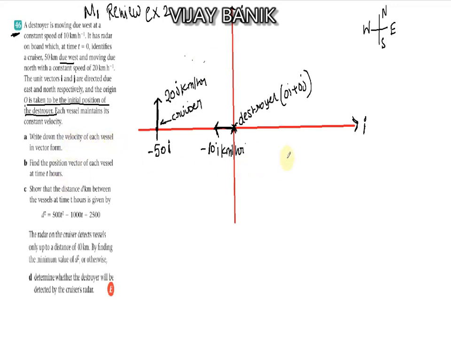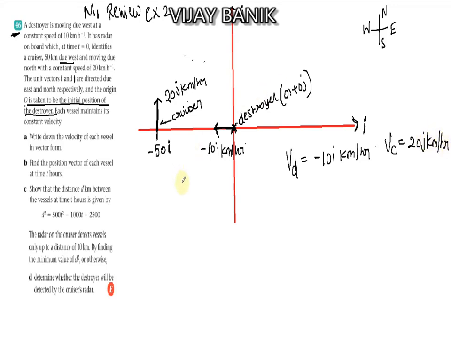We already got them. The velocity of the destroyer, let me write Vd, is minus 10i kilometers per hour. I already explained why. And the velocity of the cruiser, it's going north, so 20j kilometers per hour.